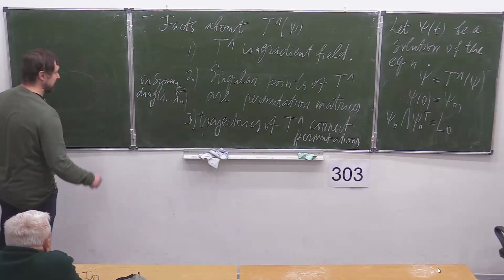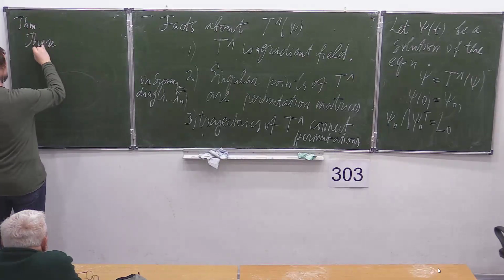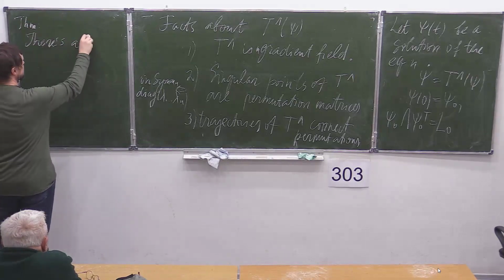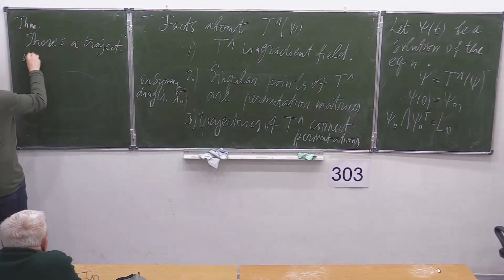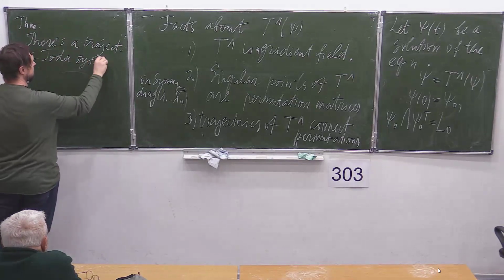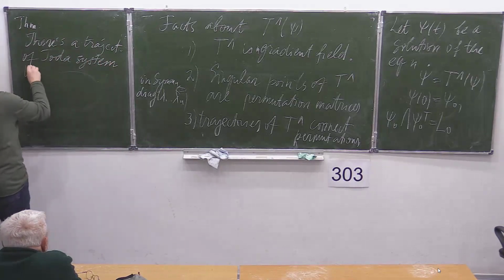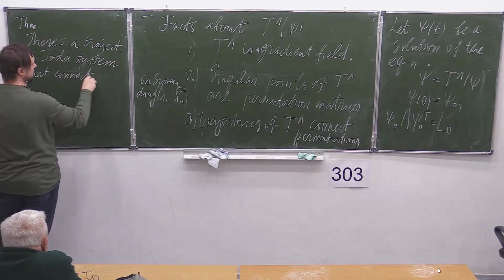And the claim is as follows. There is a trajectory of the Toda system that connects two permutations.